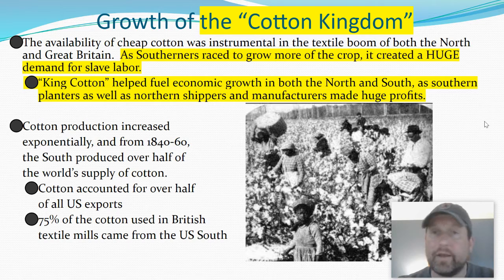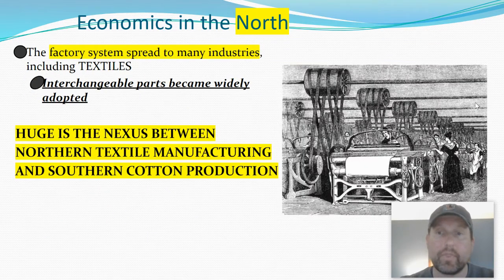The production of cotton increases exponentially between 1840 and 1860. It accounts for more than half of exports from the United States. 75% of the cotton used in the British textile mills comes from the U.S. South, and 100% of the cotton used in American northern textile mills, of course, comes from the American South.